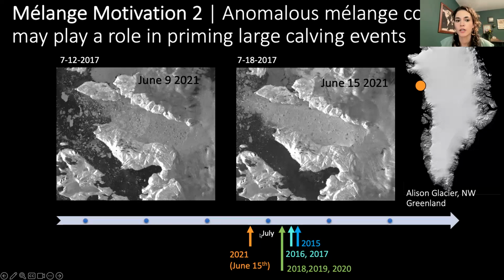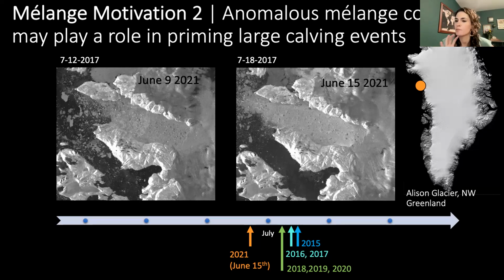These arrows on this timeline are showing when mélange typically breaks up, or the time of year that at this glacier you see mélange breaking up for the year. When I say breaking up, at some glaciers you don't have a very gradual mélange breakup, where icebergs gradually drift out to sea.